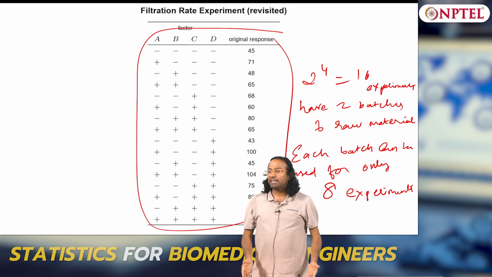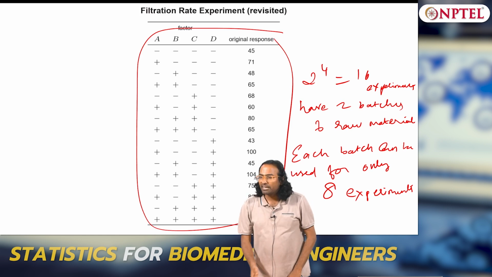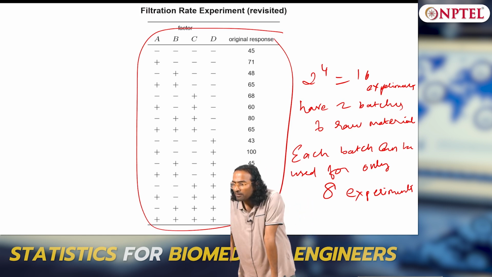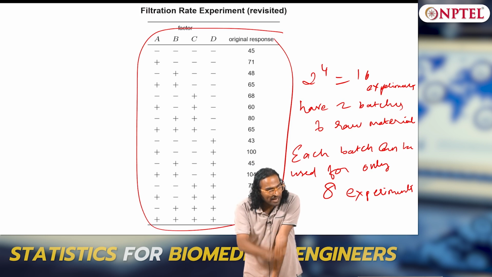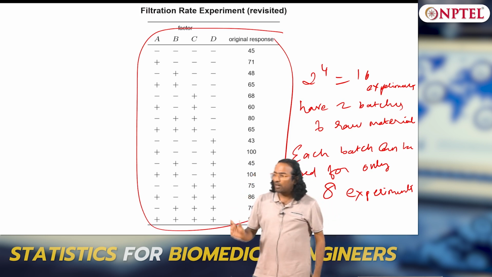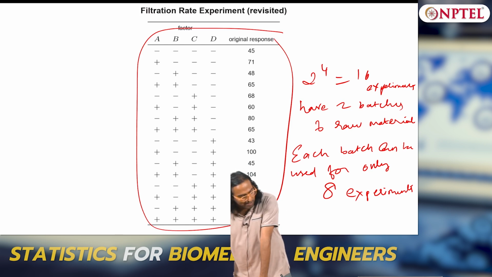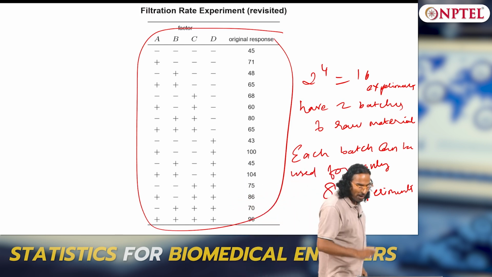Then it does not matter treatment, if you look at the overall treatment effect, then you will know it is not influenced by batches because you have kept the batch constant. For all 16 experiments you have kept the batch constant, for the other all 16 experiments you have kept the batch constant.